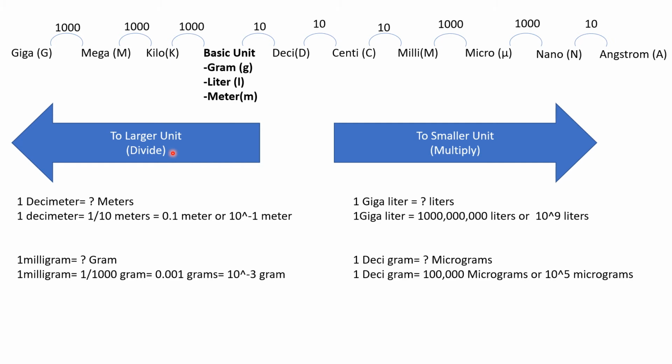So, for example, if I say 1 decimeter is equal to how many meters? Notice how I'm going towards a larger unit. So between the decimeter and the meter, there's 1 loop worth 10. Now this time I'm going to divide because I am going to a larger unit.